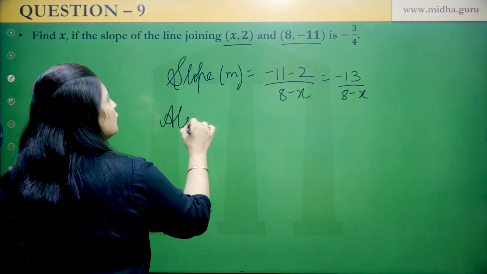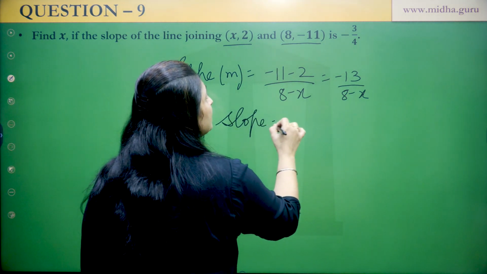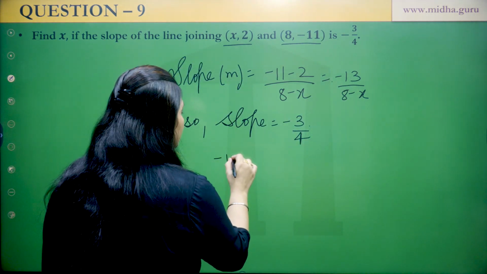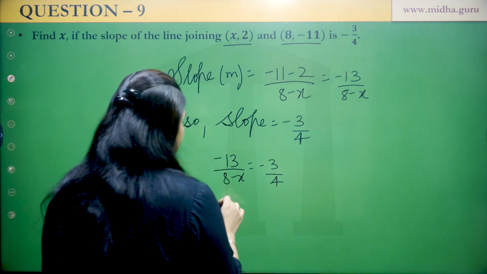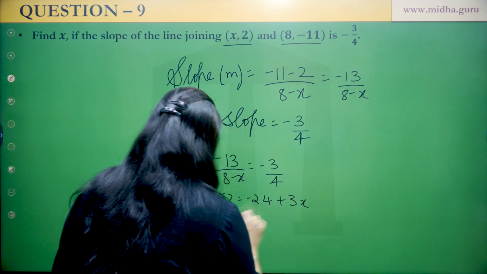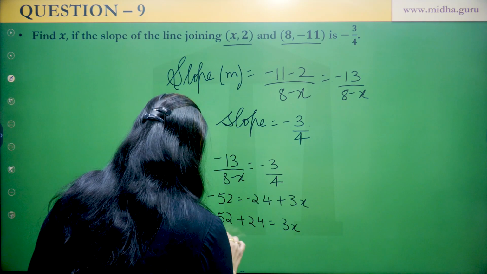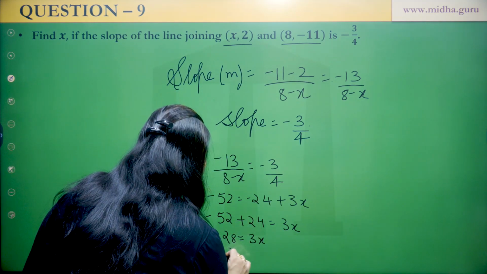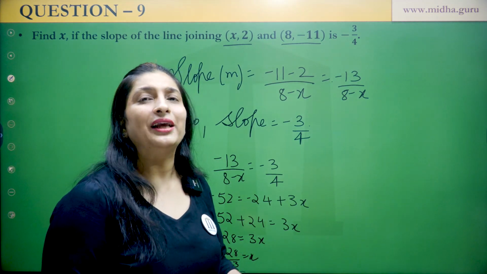Also, given in the question, the slope is minus 3 by 4. So this will be equal to this because both are the slope. So let us equate and find the value of x. Minus 52 is equal to minus 24 plus 3x. So minus 52 plus 24 is equal to 3x. It will be minus 28 is equal to 3x, and x will be equal to minus 28 by 3. So the value of x is minus 28 by 3.